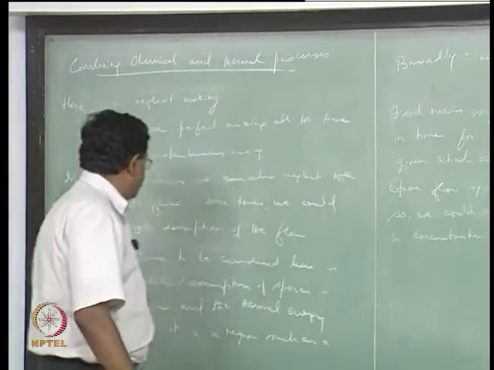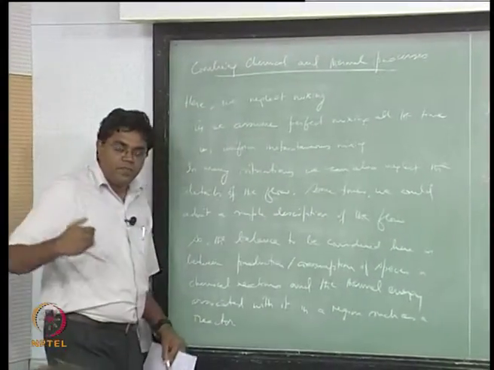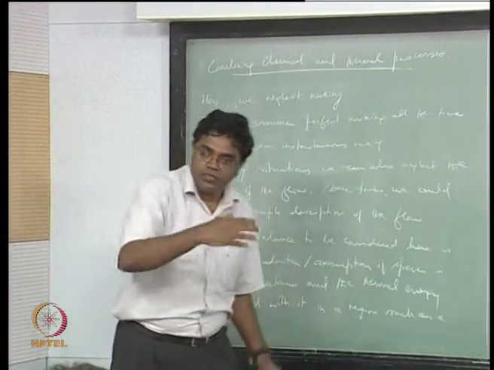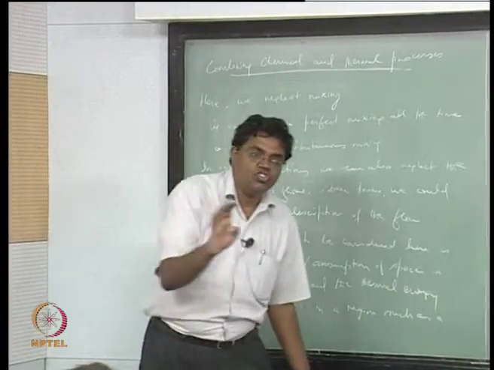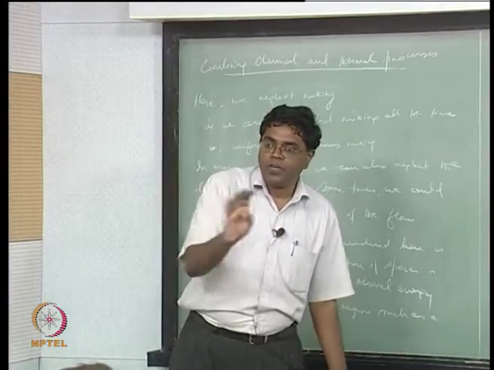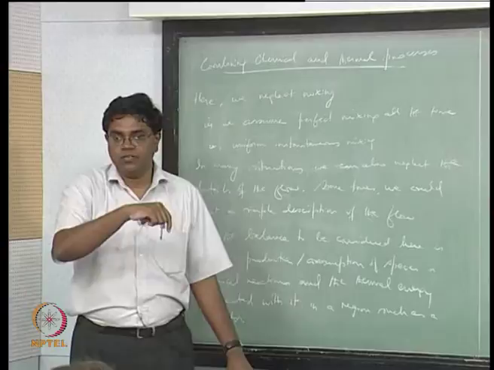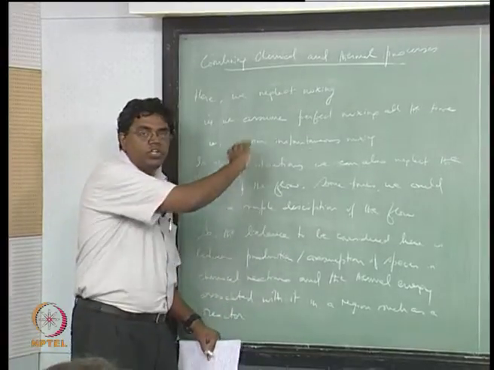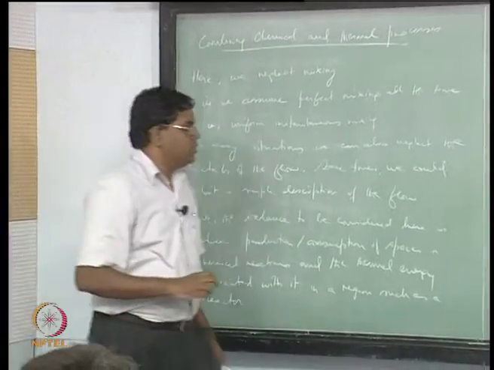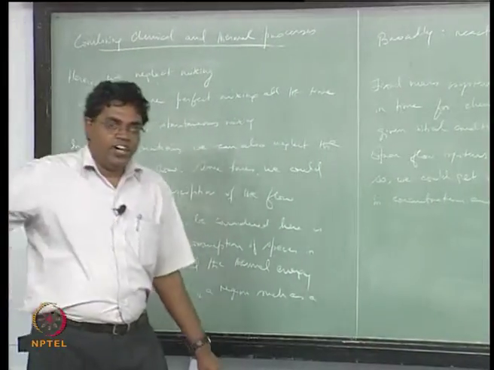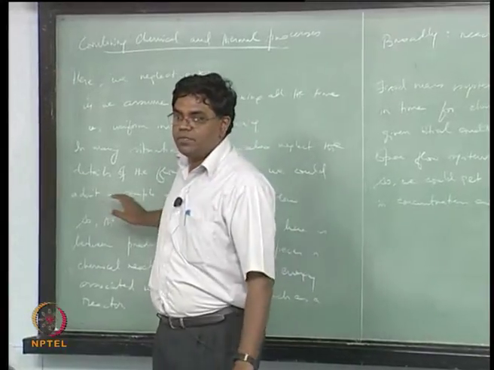If it is possible for you to have a simple description of the flow, and the flow changes as we go along because of the convergence and divergence, that's going to distribute your temperature and species in a convective manner, not in a diffusive manner. Diffusive is what we are trying to avoid in our formulation, but you could look at a variation in space purely because of convection by admitting a simple description of the flow.